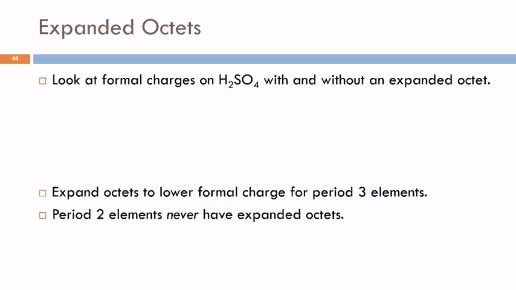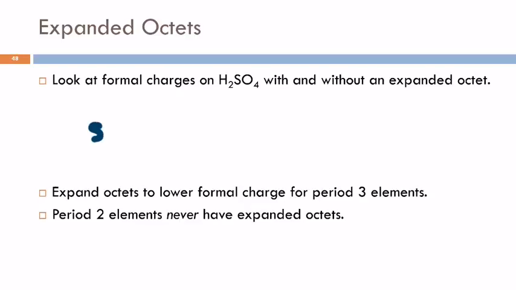Okay, so let's look at sulfuric acid with and without an expanded octet and examine the formal charges. Well, when we get to these things that have more atoms in them, it becomes a little more complicated to think about how we are going to put these together. Symmetry is often helpful, or at least a good place to start.